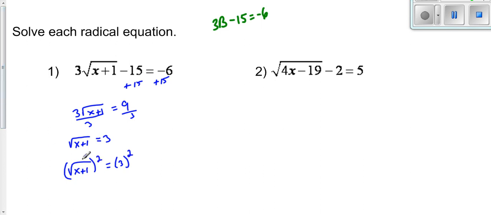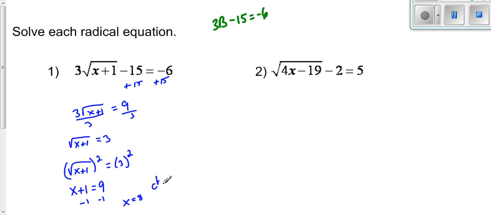Now it might look like this side's really complicated. Well, not really. The square root of x plus 1 all squared is x plus 1. 3 squared is 9. And we get x equals 8.